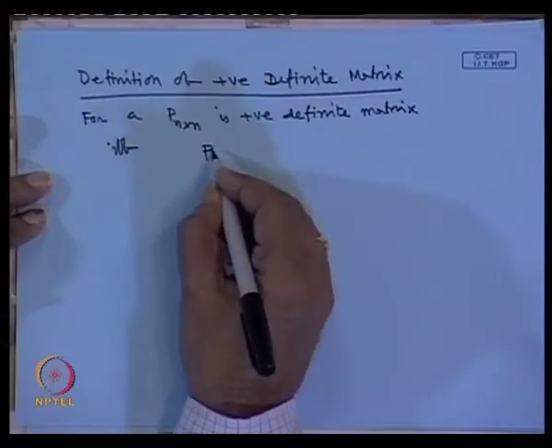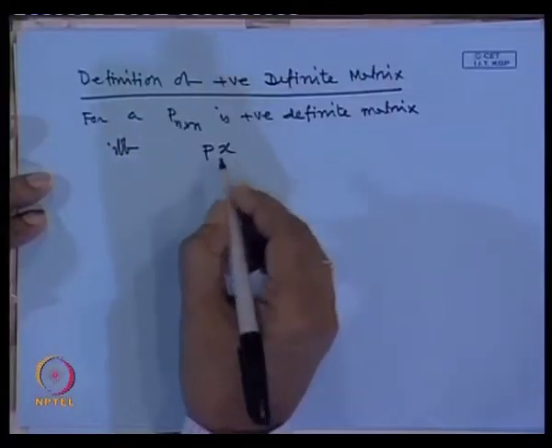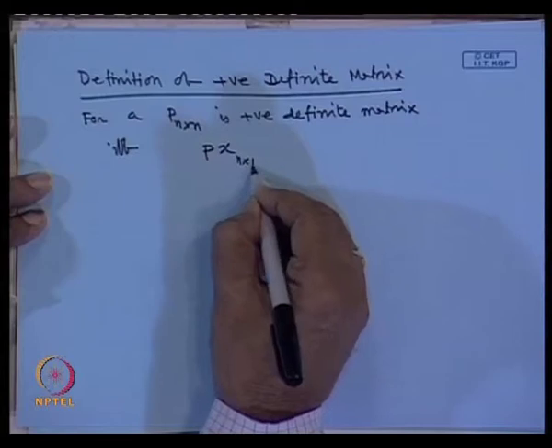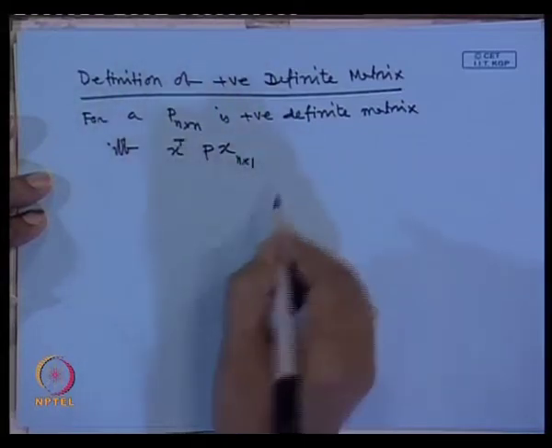With proper dimension, it is pre-multiplied by a row vector and post-multiplied by a column vector of the same. So x is a column vector, post-multiplied, and pre-multiplied by the same vector, which is a row vector.